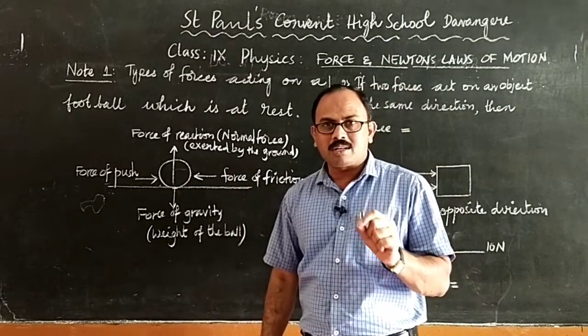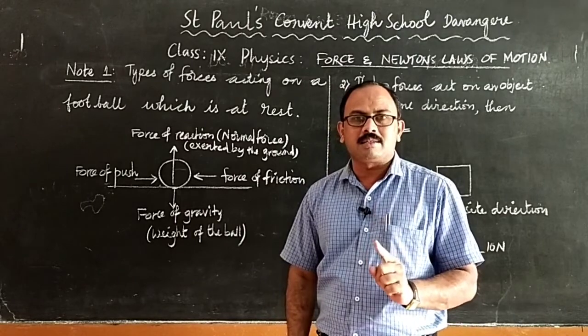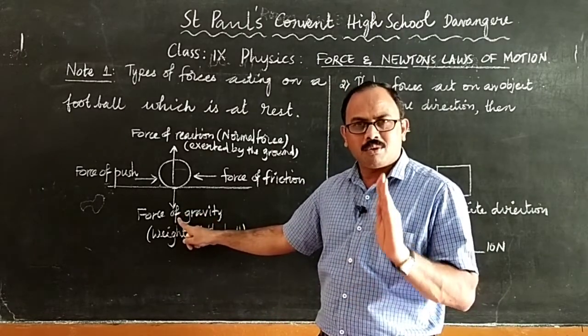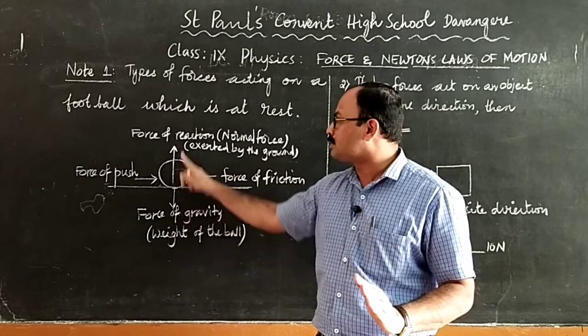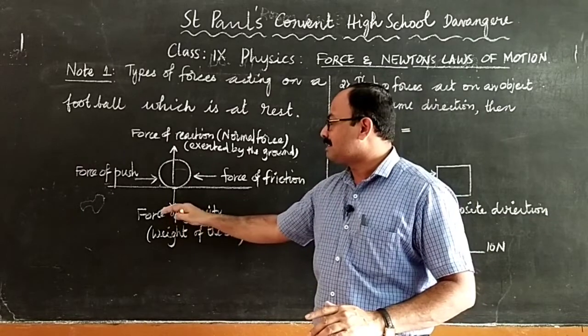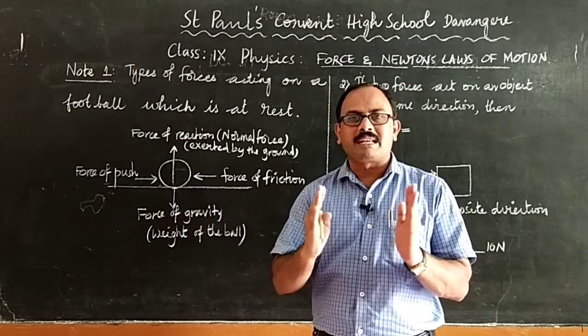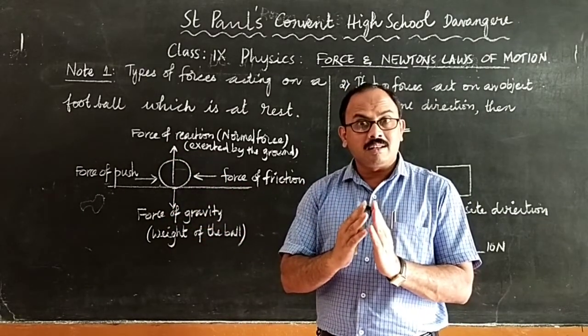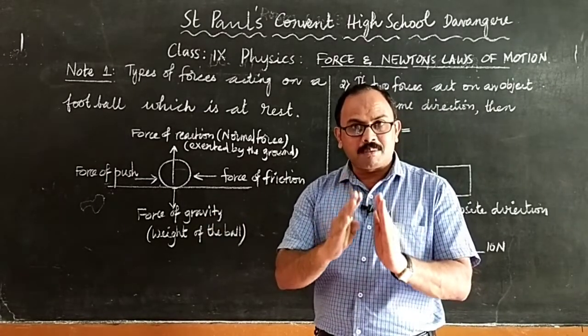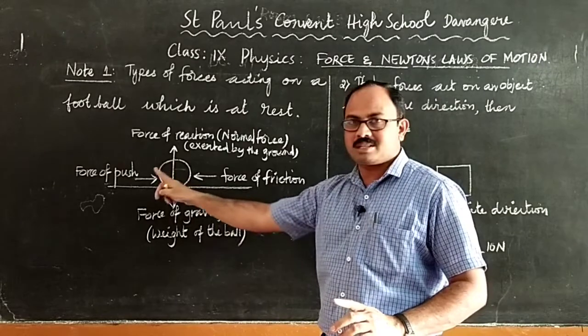Then another important concept that you need to remember is that the force of gravity will always be equal to the force of reaction. In these two cases, the values of these two will be numerically equal. Then the movement of a body, the movement of the ball, depends on these two forces.